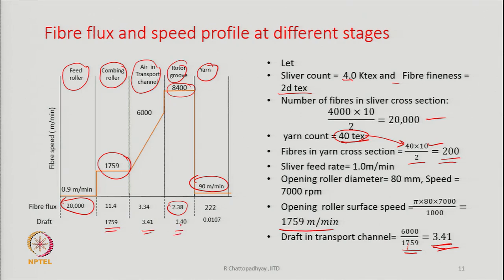So, these are the fiber flux and draft values during different stages of production. The transport channel draft is shown to be 3.41. It is only because of accelerating air current. So, what is the air velocity at the entry and what is the velocity at the exit? If you know this, take the ratio, that will give you the draft in the transport channel.